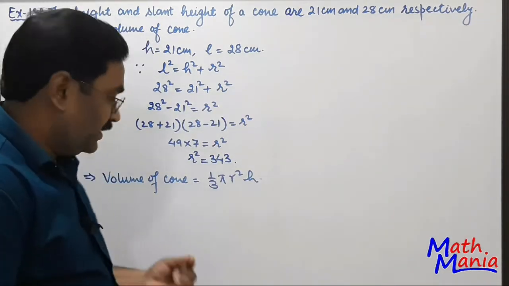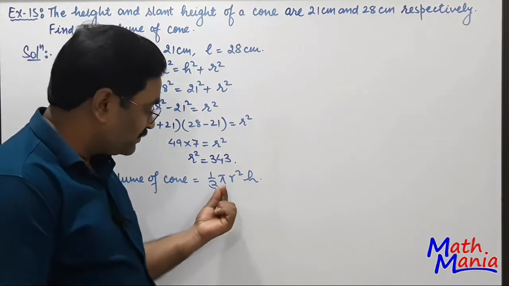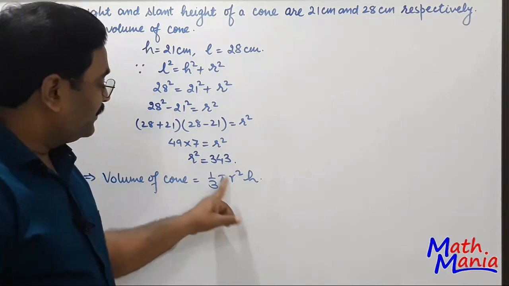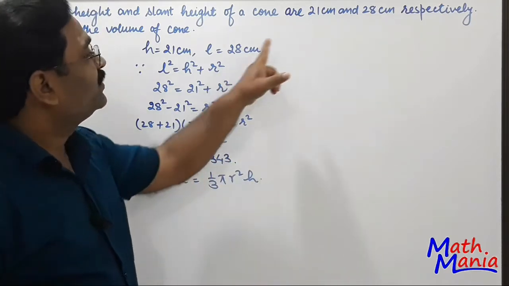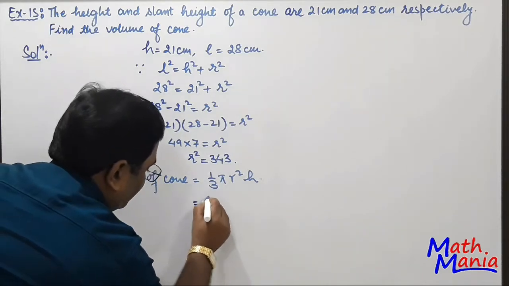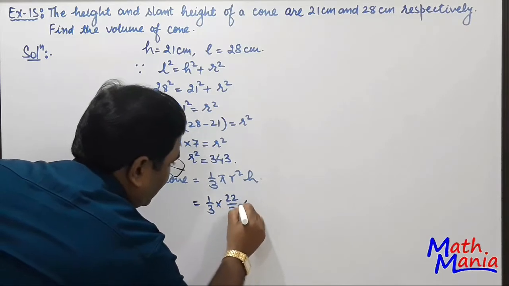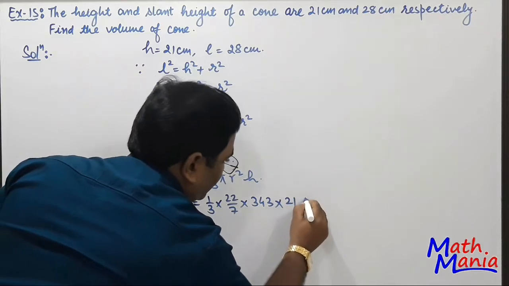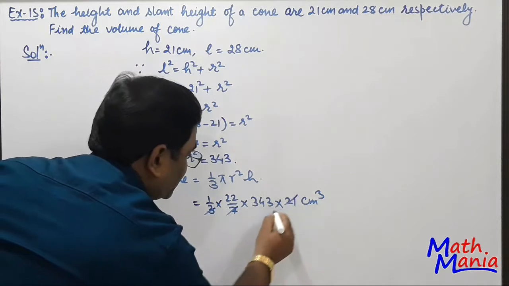As we know that the volume of cone is 1/3 pi r square h, let's substitute the value of pi, which is 22 upon 7, the value of r square is 343 as we have calculated, and h is 21 centimeter. So substituting, we get 1/3 pi 22 upon 7, r square is 343 into height 21 centimeter cube. So 7 3s are 21 is cancelled.